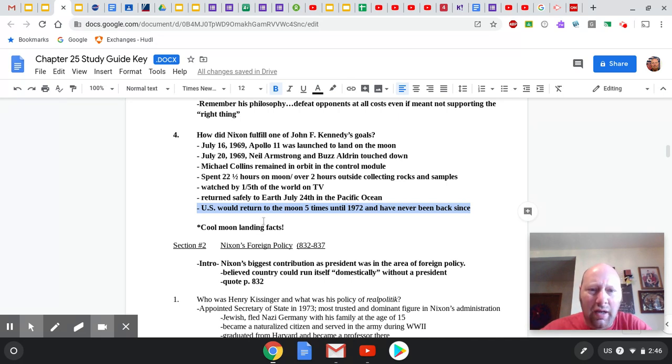Now, some interesting moon landing facts I wanted to mention that most people don't know. These astronauts could not get life insurance policies for their families because the dangers of this mission were so great that no insurance agency would give them any life insurance. So they came up with their own plan to provide for their families.